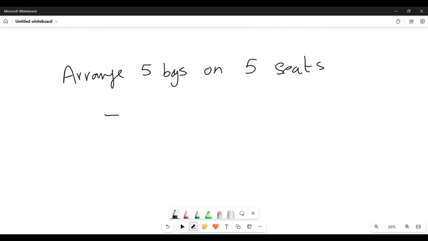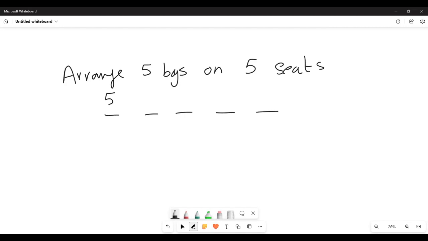There are 5 seats. How many boys are available to fit in the first seat? All 5. कोई भी आ सकता है इधर. So we have 5 boys available who can take one of these seats. So I'm writing 5 because of that.